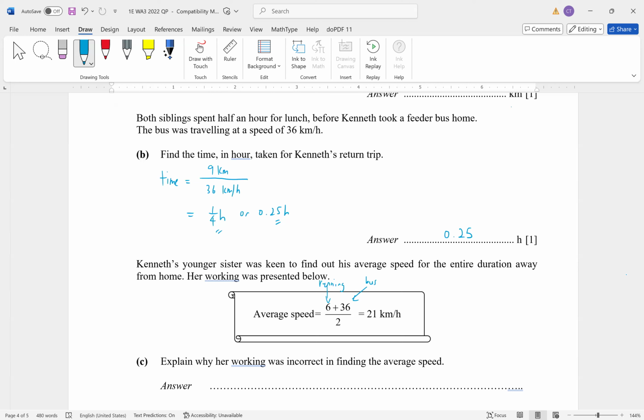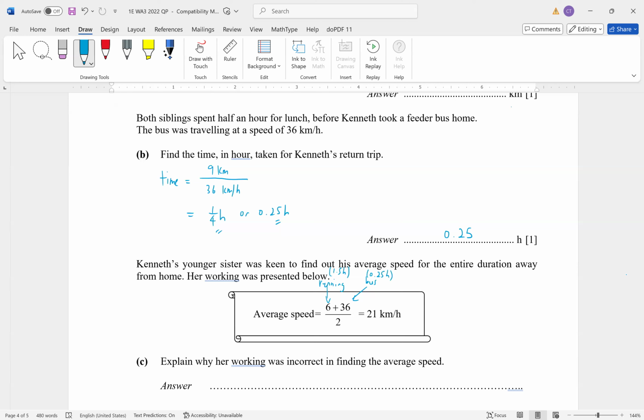Okay, so this will not be correct because in order for you to be able to calculate average speed like this, the time that he ran must be the same as the time that he was on the bus. But in this case, the timing that he was on the bus is much shorter than the timing that he ran, right?